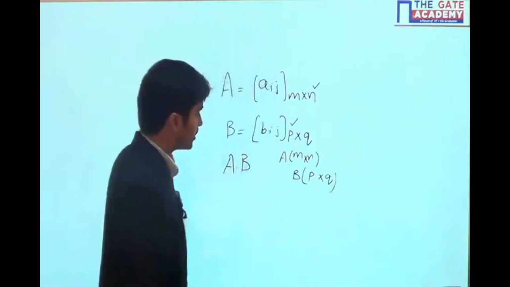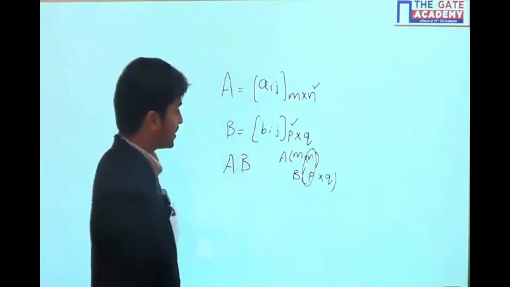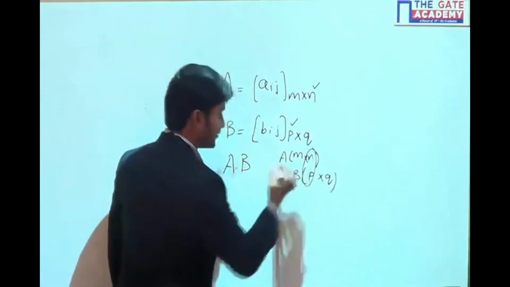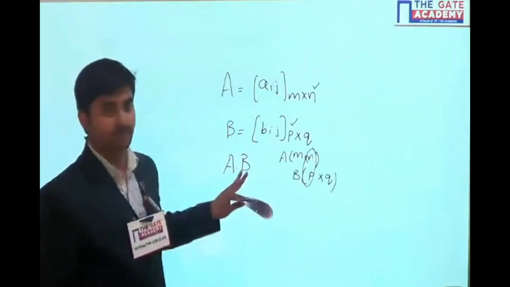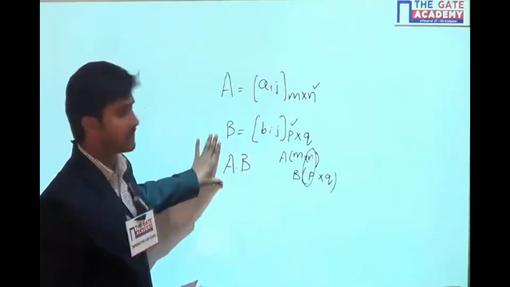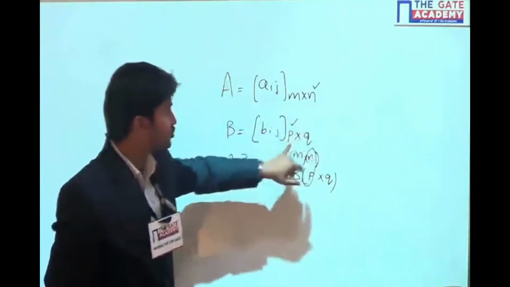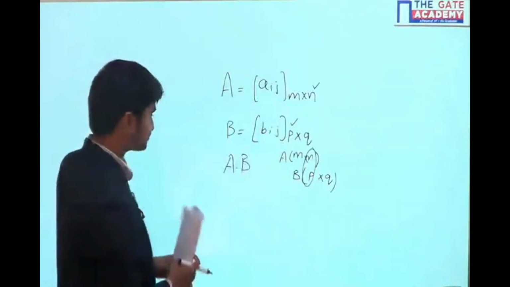So if the value of n is equal to the value of p, then we can have the multiplication of the matrices. For the matrices to satisfy the multiplication, the value of n should be equal to the value of p.